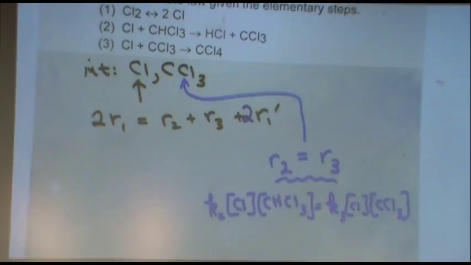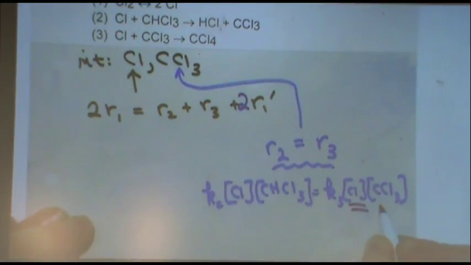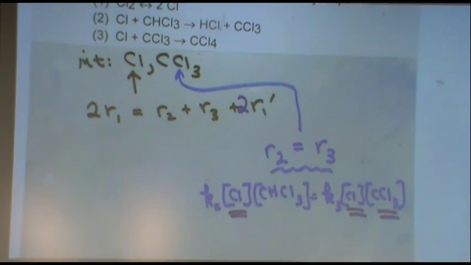Let me underline the intermediates. There's one there, and one there. So we still have a little bit of issue because we have intermediates on both sides of the equation. That's not so helpful.